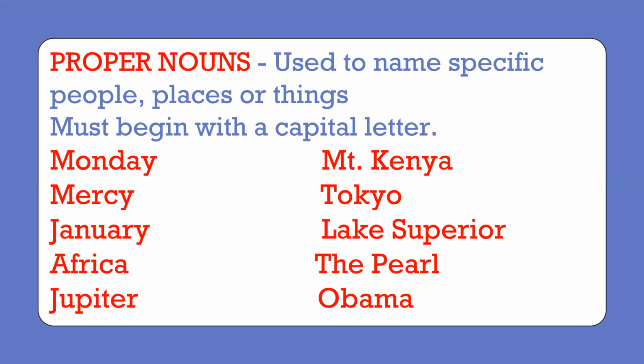So you are looking at a specific day of the week, a particular girl, a particular month of the year. We are looking at a specific continent, a particular planet, a particular mountain, a different country altogether. So here we are looking at specific names of people, places, or things.